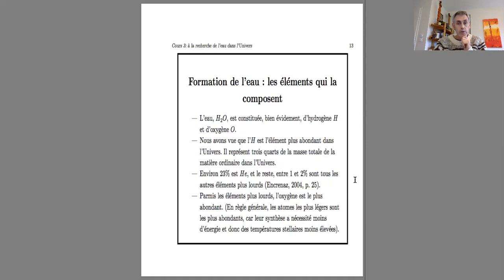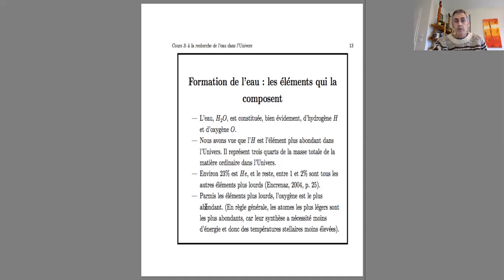Of the 1 or 2% of the remaining elements, these are what we're going to refer to as the heavier elements, and they were mostly produced within stars.